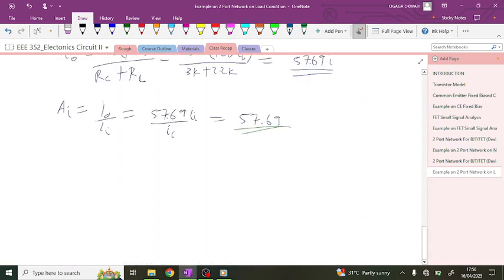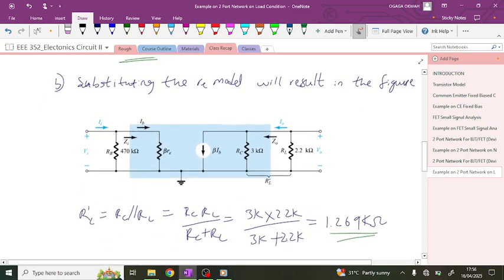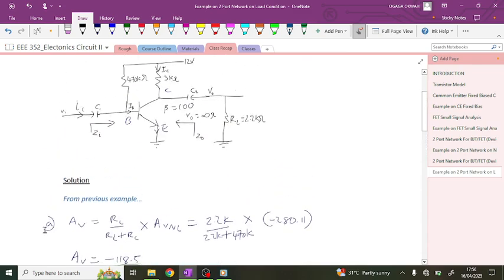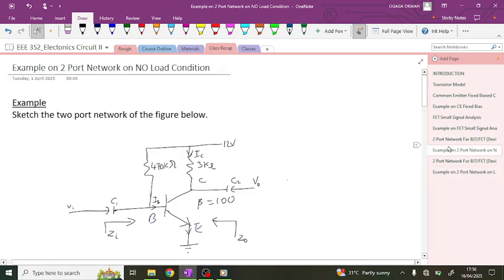I like the fact that I brought this diagram here this time to help us. This circuit is similar to the previous one. The difference is that here it has a load. The first example was the same thing but with no load.